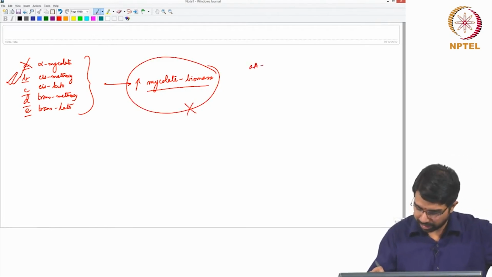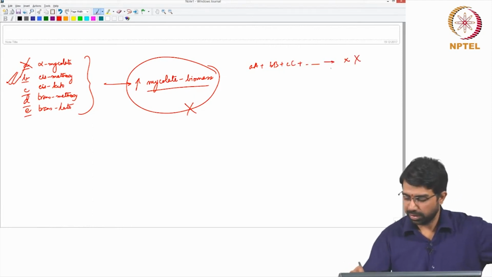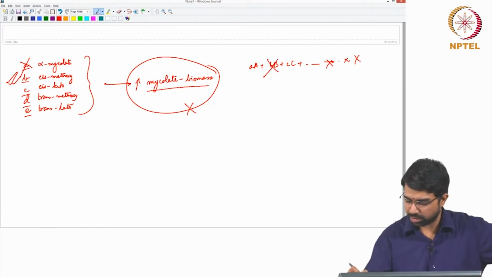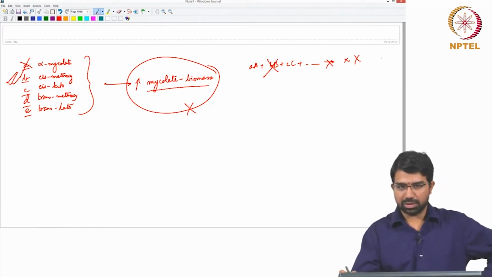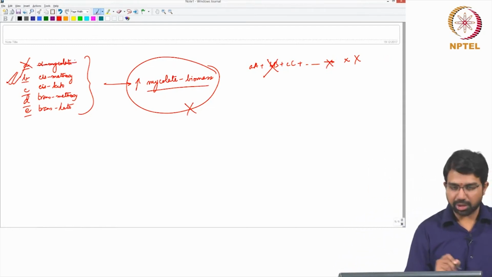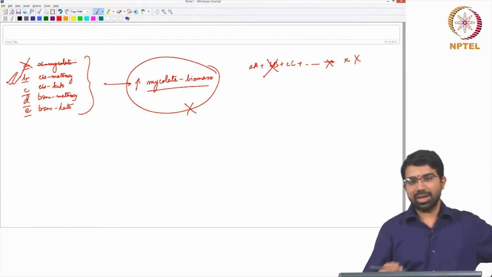So, you say A plus B plus C gives some X biomass. If I were to maximize this, if even one of these is not there, this reaction goes off and my objective function will drop to 0. But it is known that Mycobacterium can grow in the absence of alpha mycolate, although a little slowly, right. So, then this does not become a valid objective function.